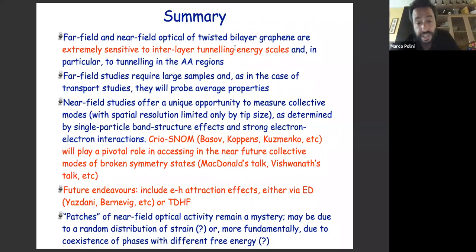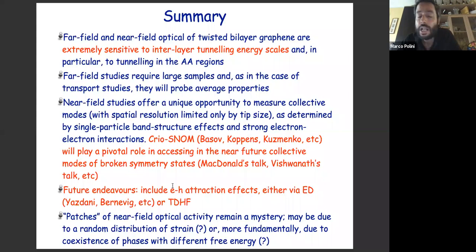And the dream is, of course, and many people are working on this, that setups like cryo-SNOM working at low temperatures are beginning to be available in the community. So eventually, hopefully in the near future, they will also be thrown at twisted bilayer graphene to probe collective excitations.